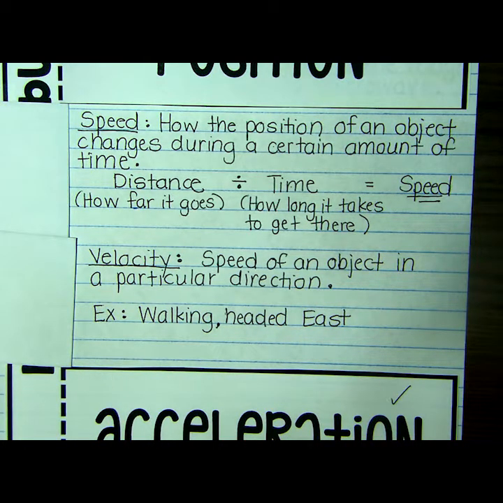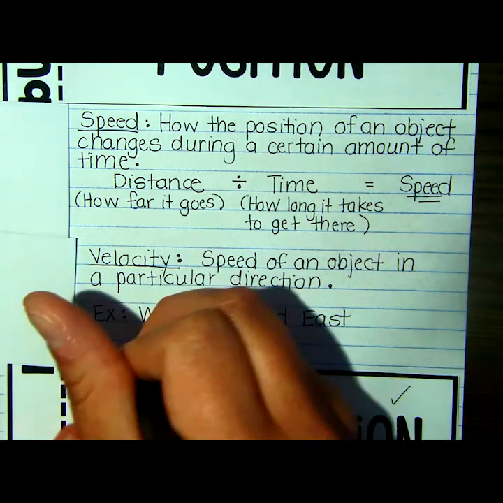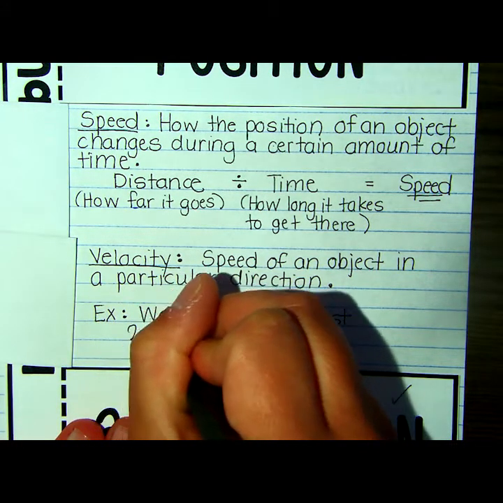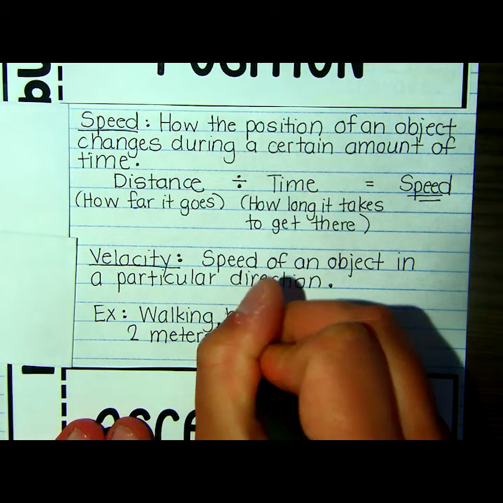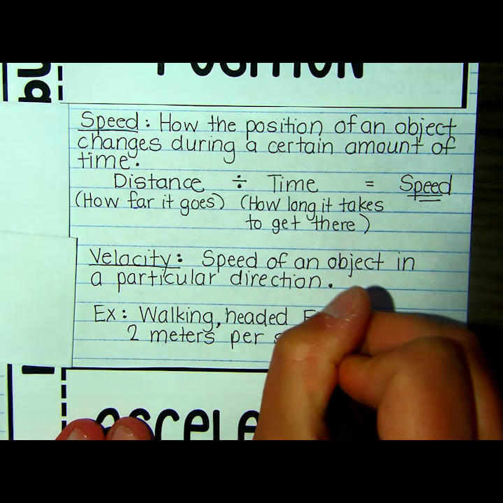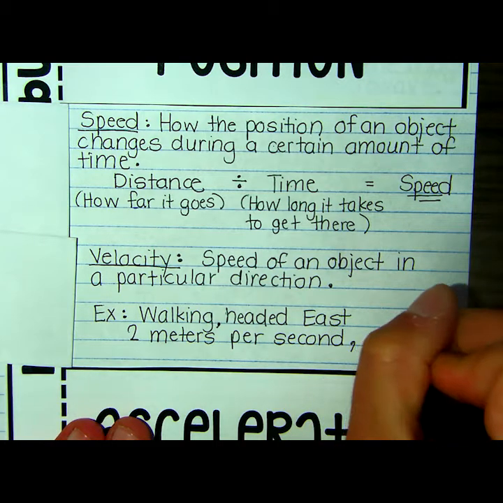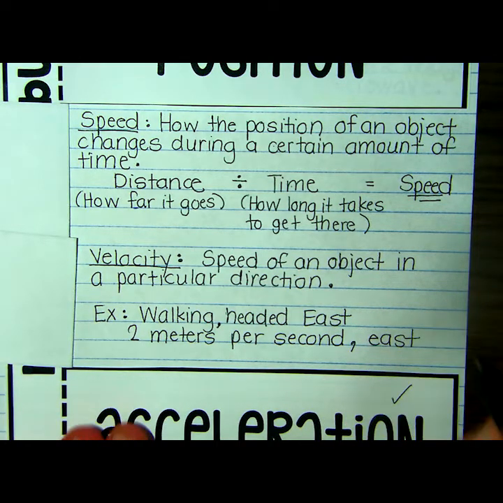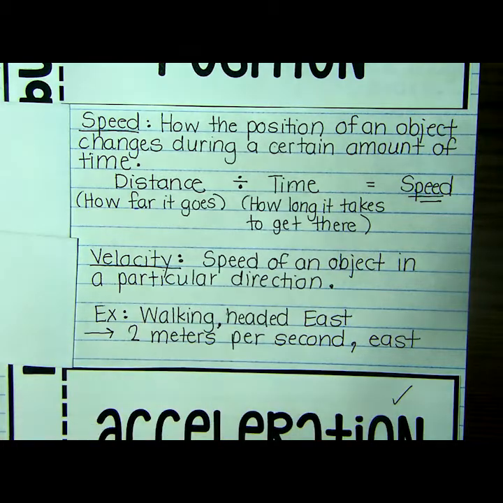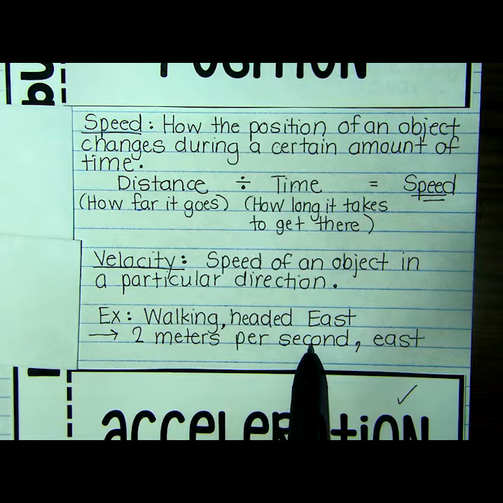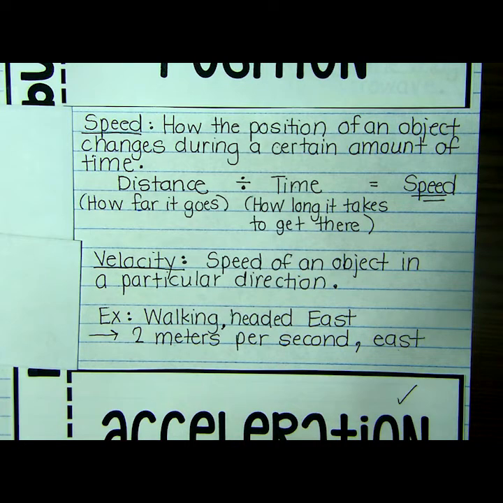So if you're walking headed east, so the velocity could be, maybe you're walking 2 meters per second, and you're traveling east. So that right there would be an example of velocity. That's your distance per the amount of time it takes you to get there in the direction you're traveling.